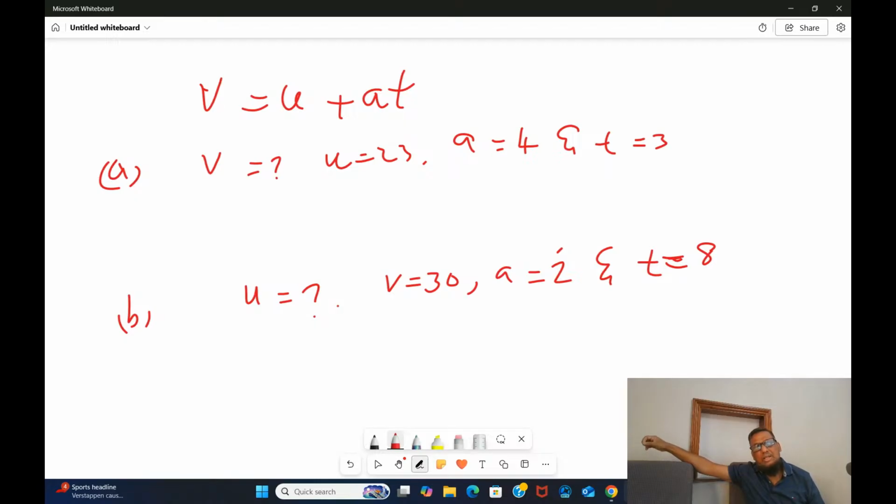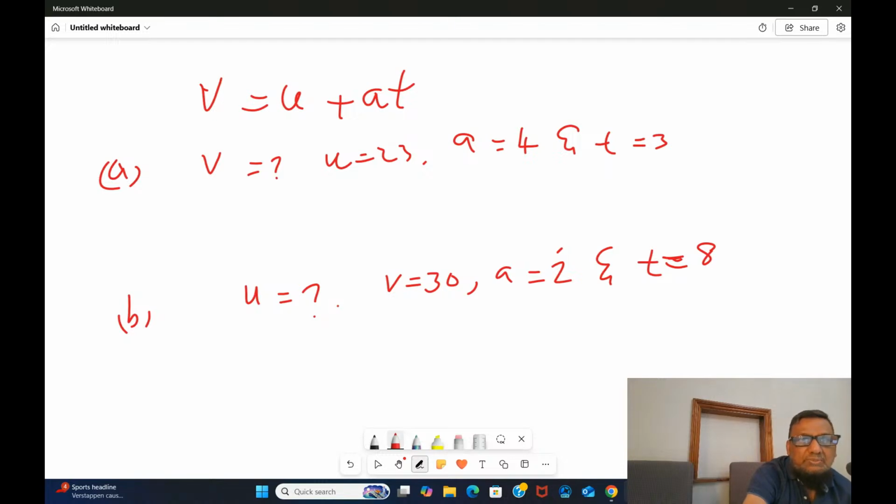But you need to basically change the subject for this equation. So the first thing, how to substitute. Part A is the easy one. So part one, how you work out.